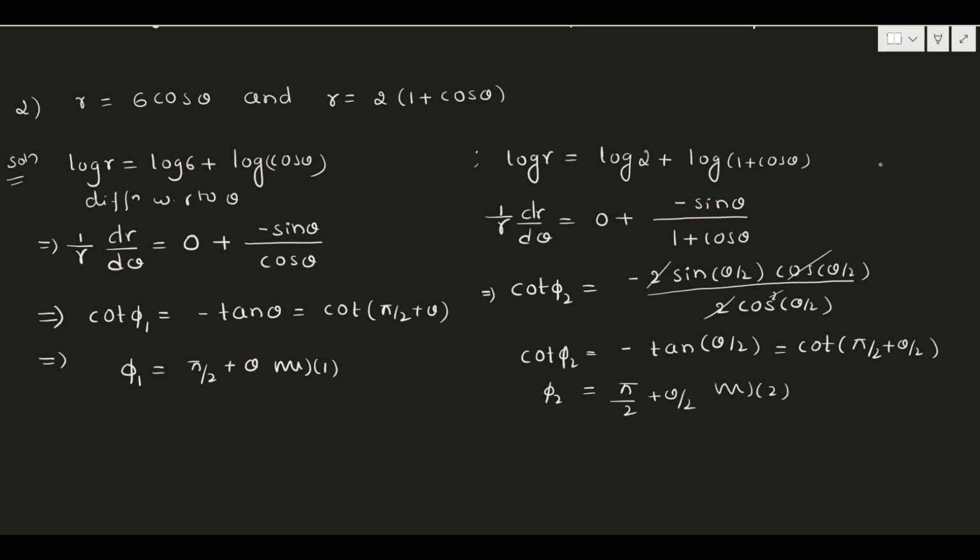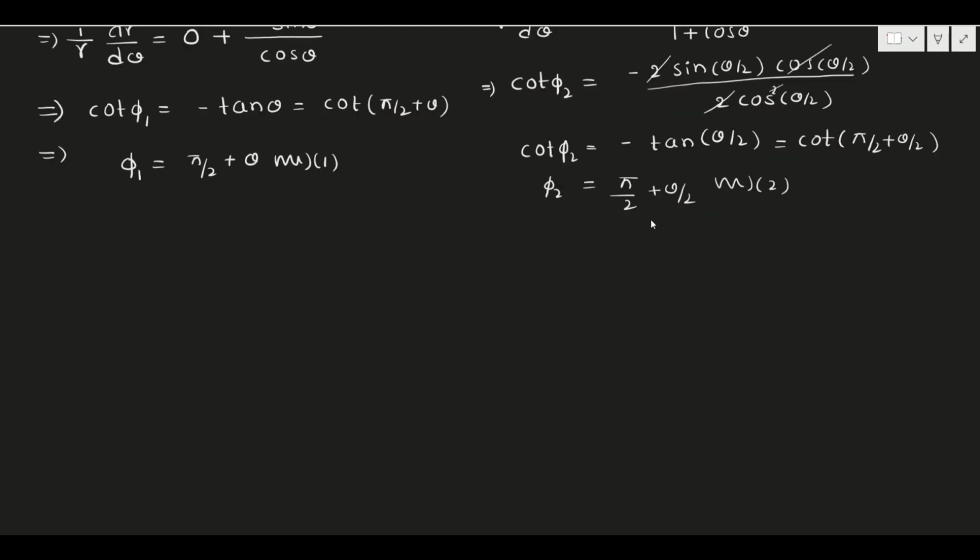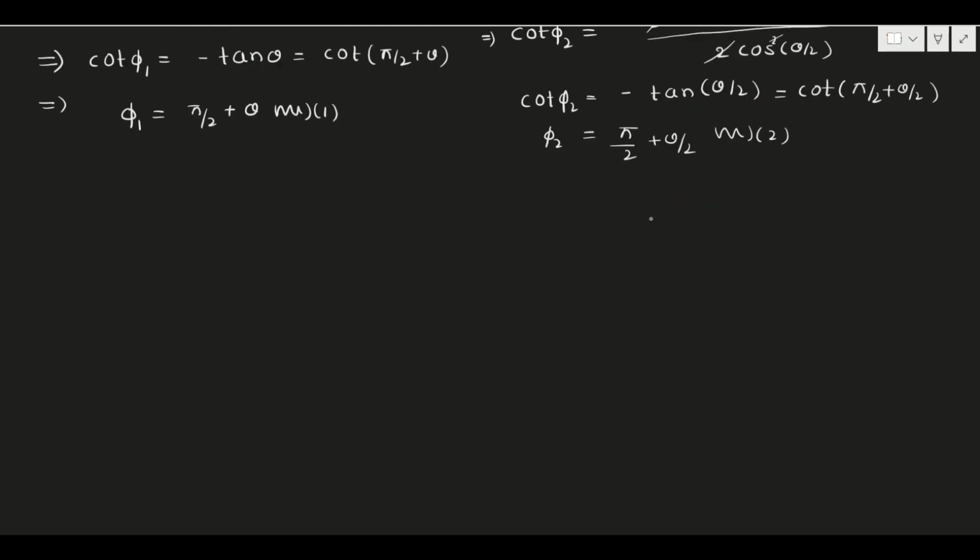So using 1 and 2, substitute in the formula for the angle of intersection. Therefore the angle between the curves is given by modulus of phi 1 minus phi 2. From 1 and 2, phi 1 is pi by 2 + theta, minus (pi by 2 + theta by 2).